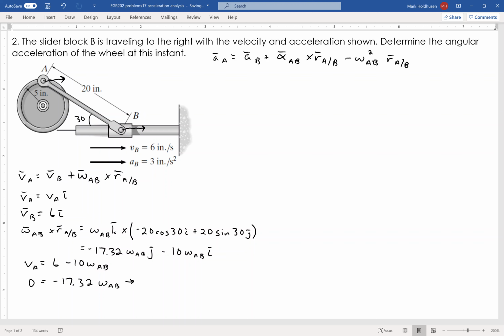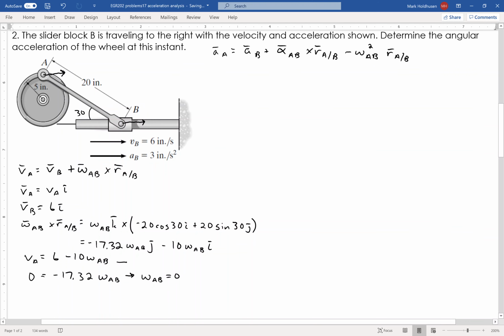From this, I learned that omega AB equals 0. That is, it is not rotating at all. And from this, which I'll show you we'll need later, it shows me that VA equals 6.